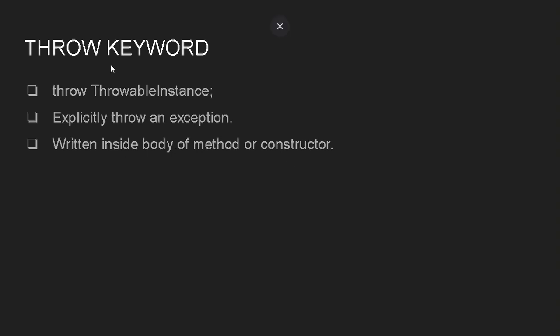Now let us go to the first point: throwable instance. After the throw keyword, you need to actually throw the instance. Instance means object. You need to throw the object of those classes which derive from the Throwable class, Throwable or Exception class, because Exception is a subclass of Throwable.